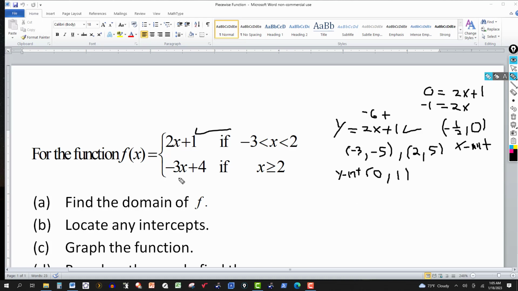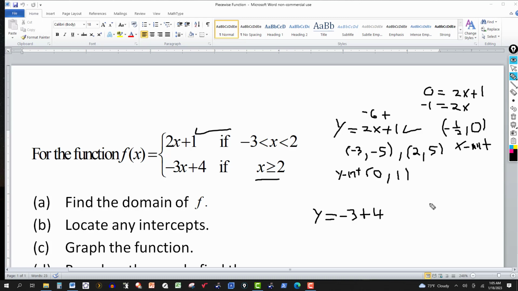Now the second section pertains to this line. The equation is negative 3x plus 4. Remember, for this one we're interested in the part of the graph that's to the right of 2, x greater than or equal to 2.